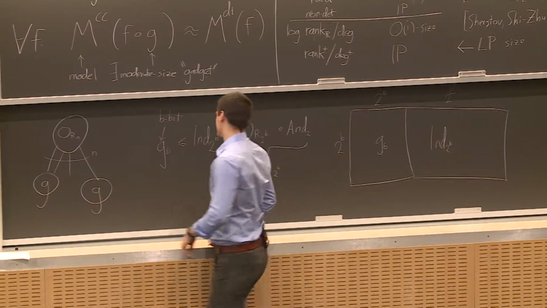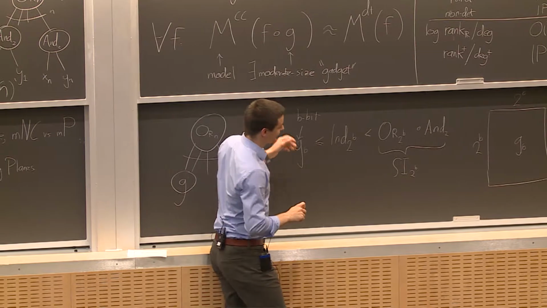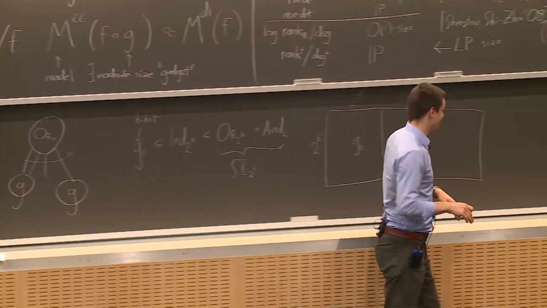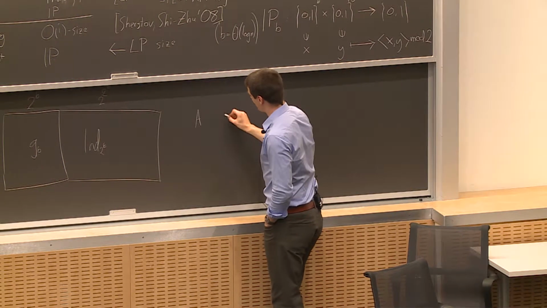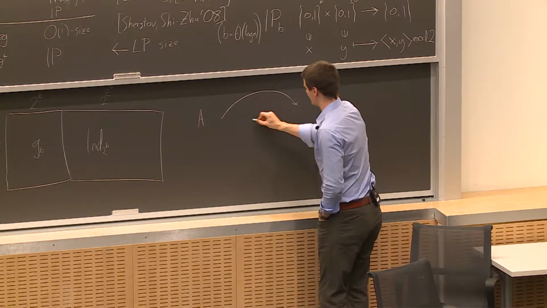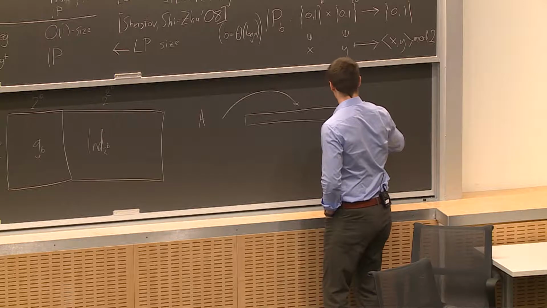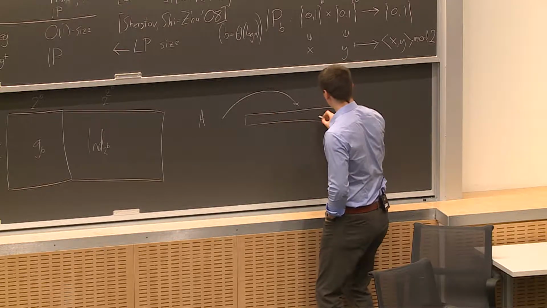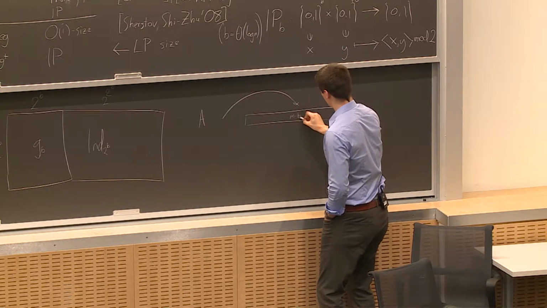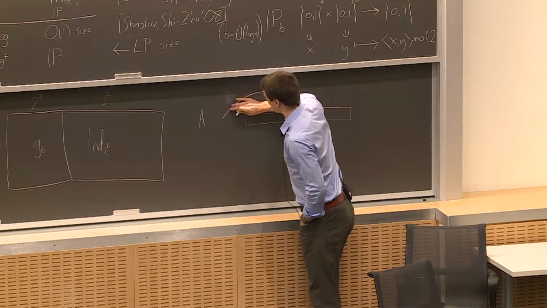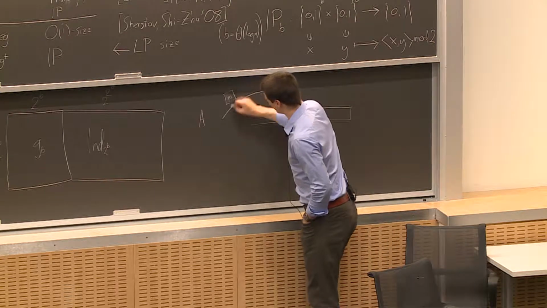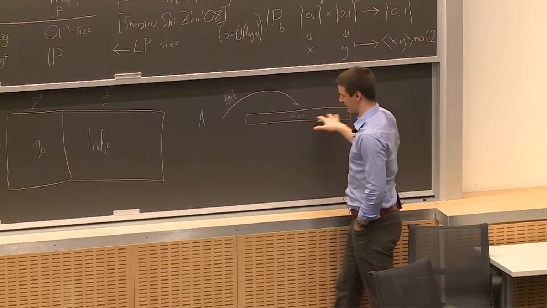So, okay, maybe I'll belabor the point if you don't object. Alice would first have a pointer to Bob's string. So this is some long m-bit string, and this is just an element pointing somewhere.